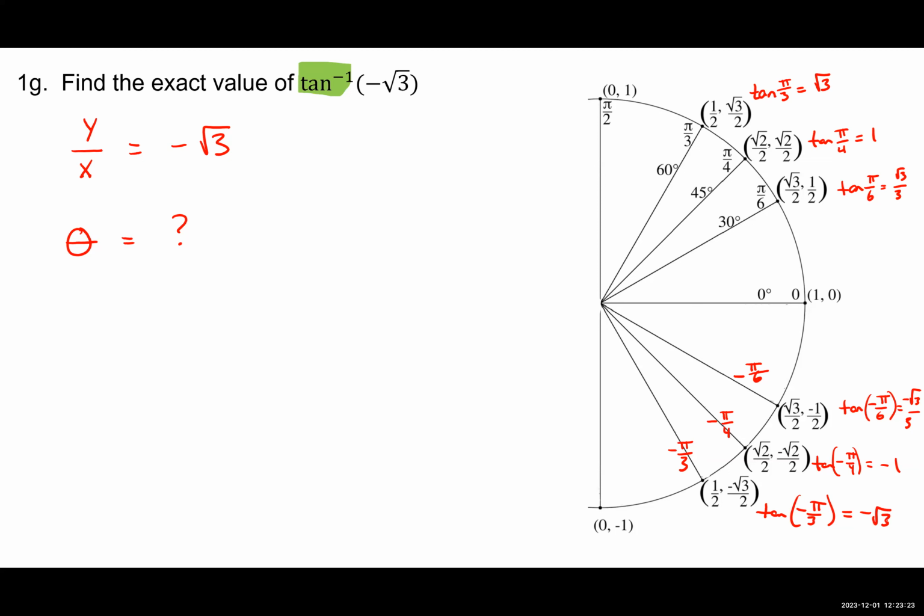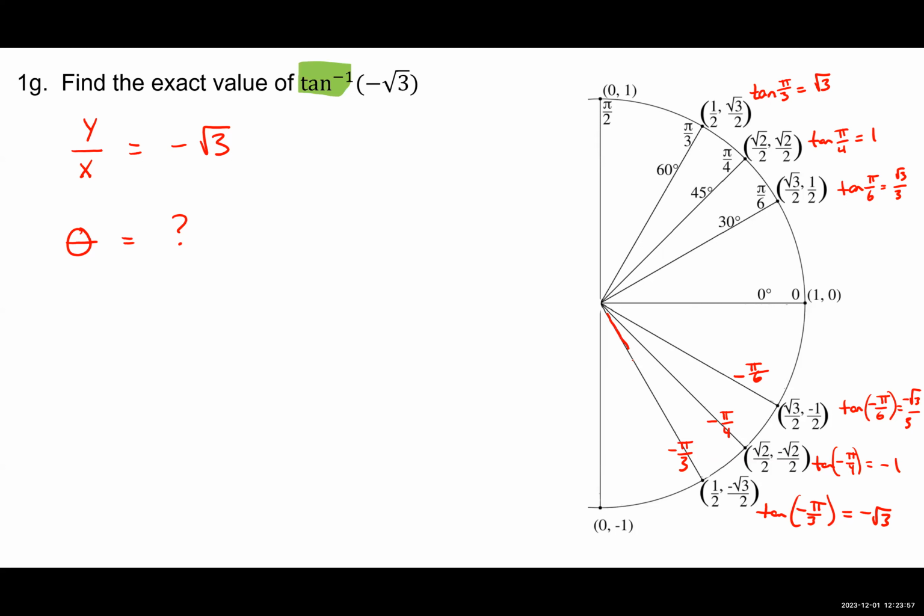Again, if you have a unit circle that's written out or printed out, the points are the sine and the cosine, right? The cosine is x, the sine is y. So maybe off to the side, give the tangent value, y over x. Negative root 3 would be the tangent of negative pi over 3.